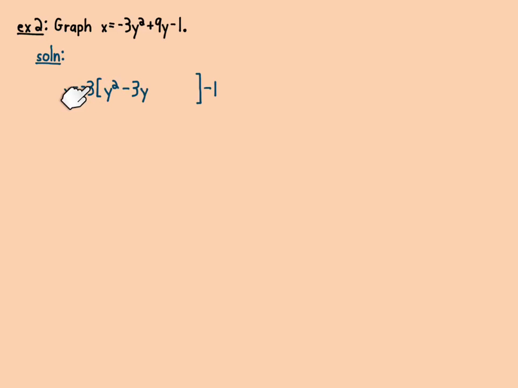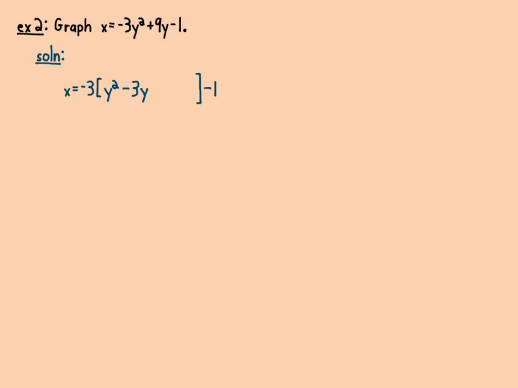And so I write down minus 3, and then inside these square brackets, I put negative 3y squared divided by negative 3, which is y squared, and plus 9y divided by minus 3, and that's going to be negative 3y right here.